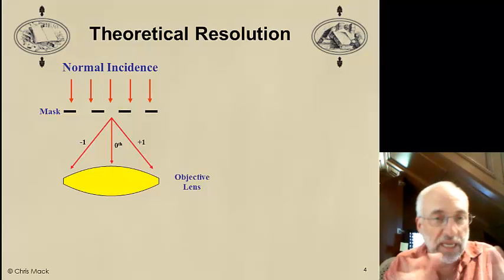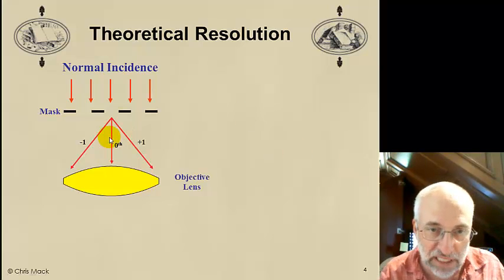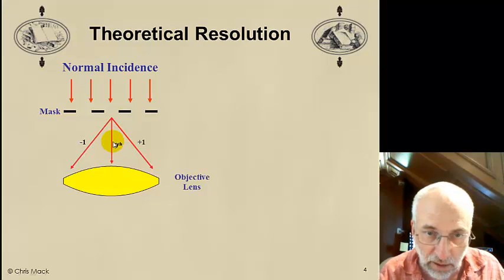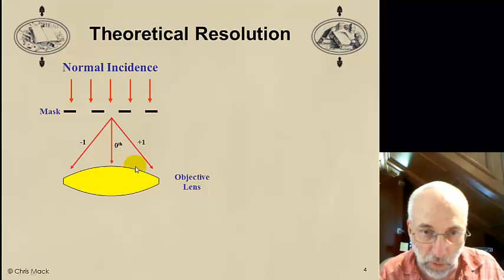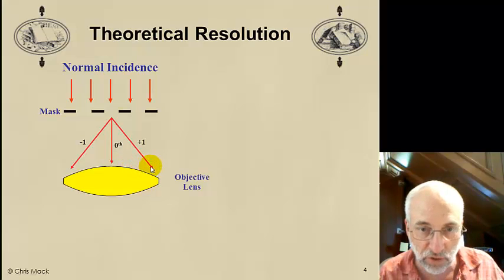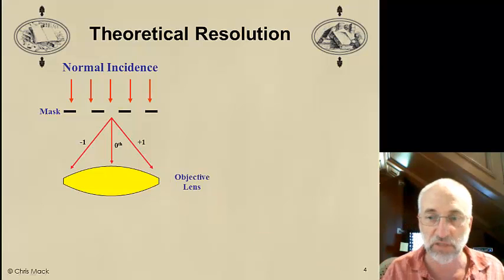So, if I'm going to capture at least 2 orders, what is the smallest pitch? Well, I start making the pitch smaller and smaller, and what happens? This angle of diffraction gets bigger, right? And the first order moves further and further away from the center of the lens. What's the smallest pitch I can print? That pitch which puts the first order right at the edge of the objective lens.